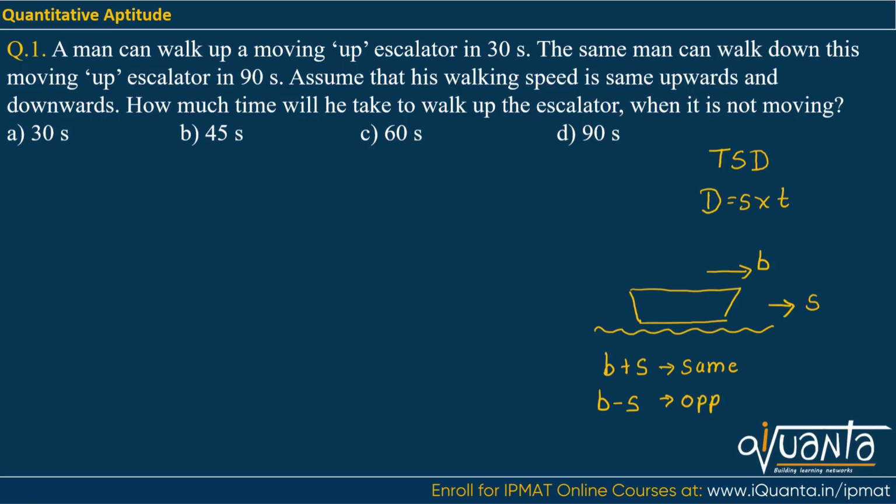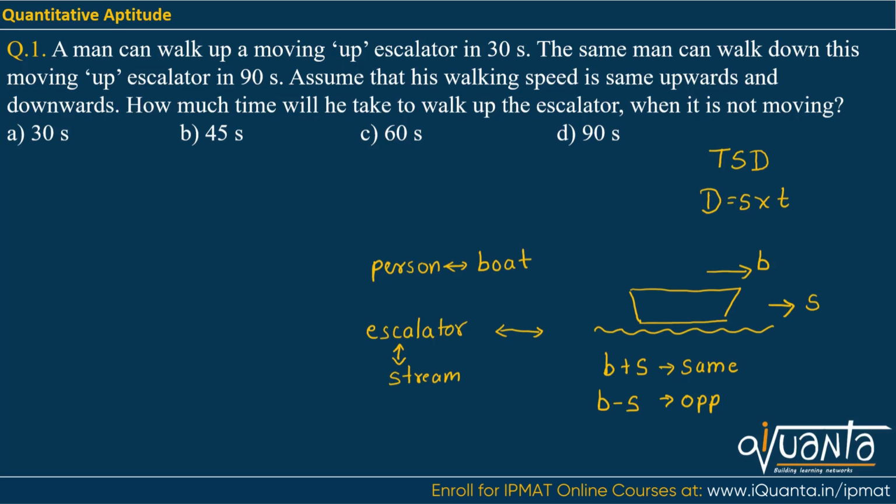So the concept of escalators is exactly similar. What do we do in escalators? In escalators, the escalator becomes the stream, okay? I hope this is clear. While the person who is traveling on that particular escalator is taken as the boat.